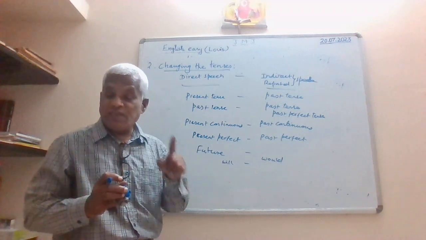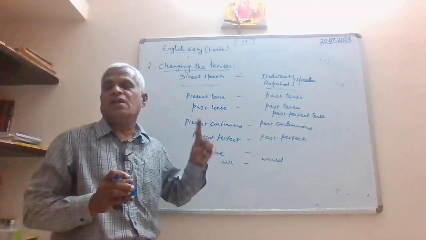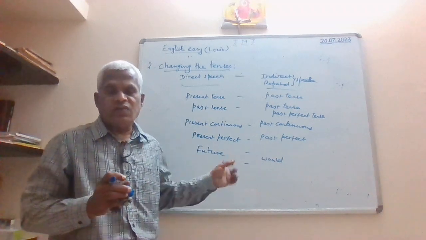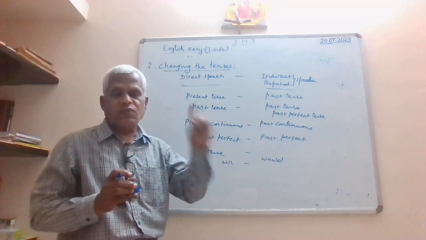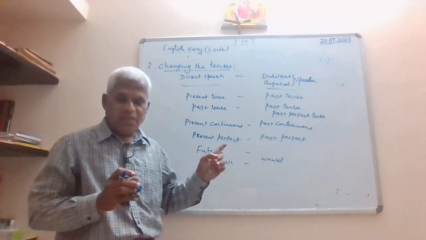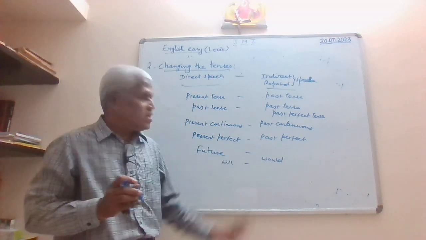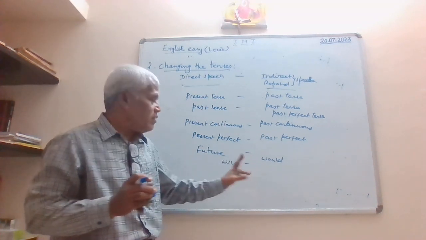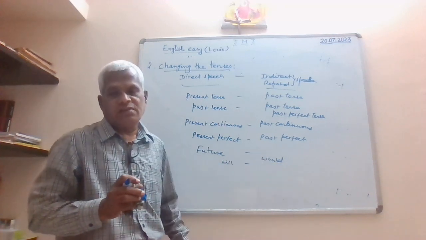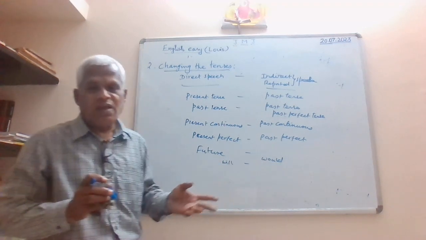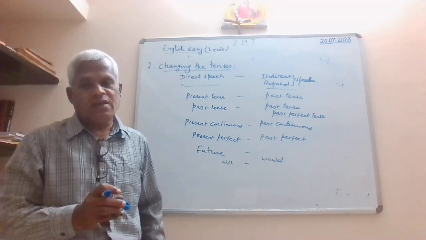Would is of course the past tense of will, so we don't consider that as an auxiliary verb here. Shall becomes should, can becomes could. So automatically they will become past tense.